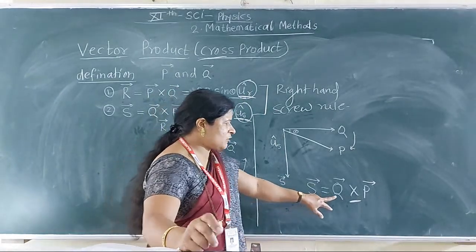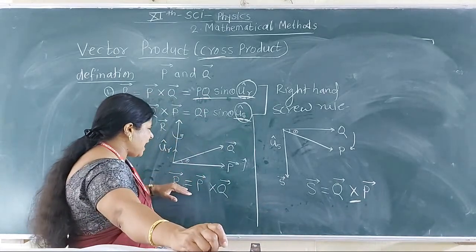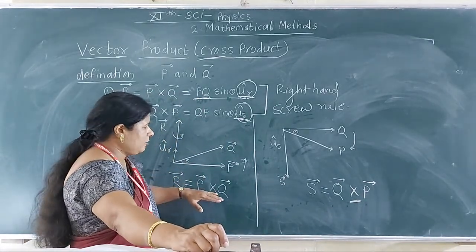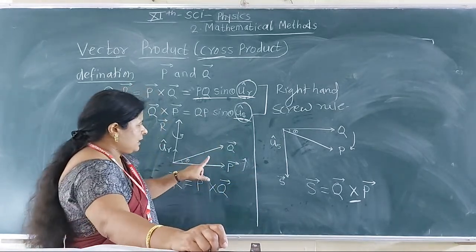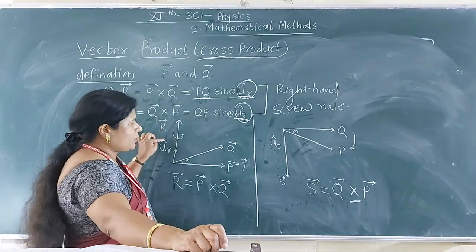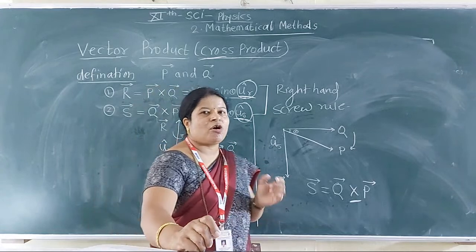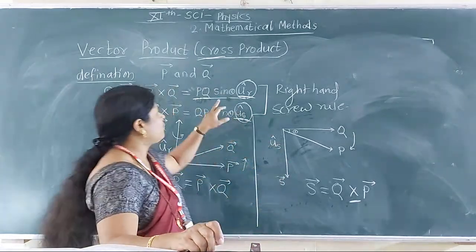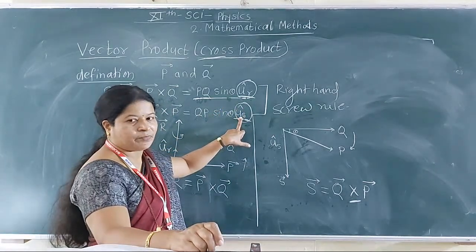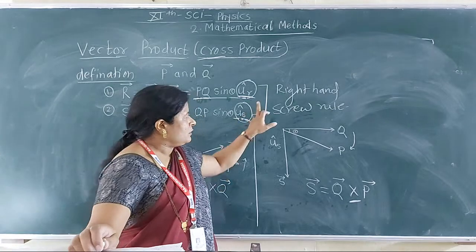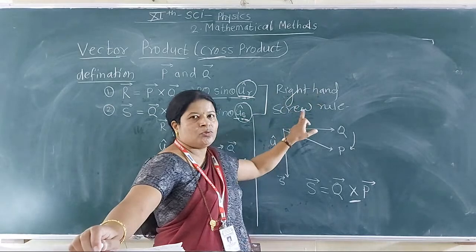So vector s is equal to vector q cross vector p, and here vector r is equal to vector p cross vector q, and these u cap r and u cap s represent the direction of their product vector. So we write this depending on the right hand screw rule.